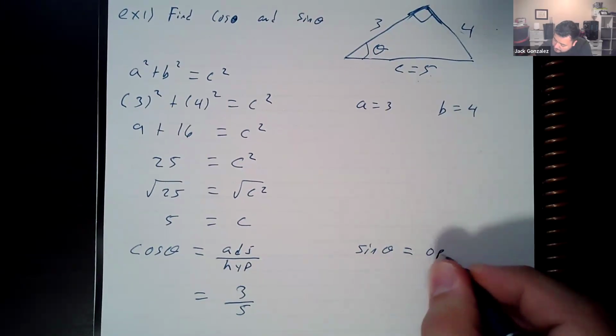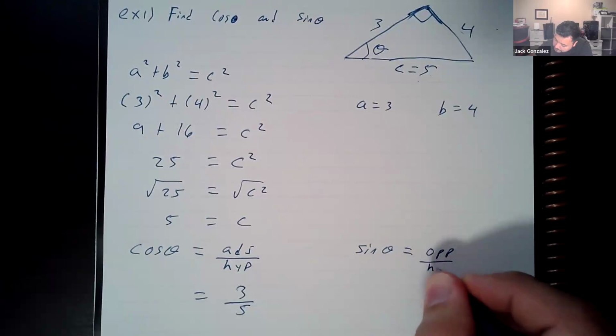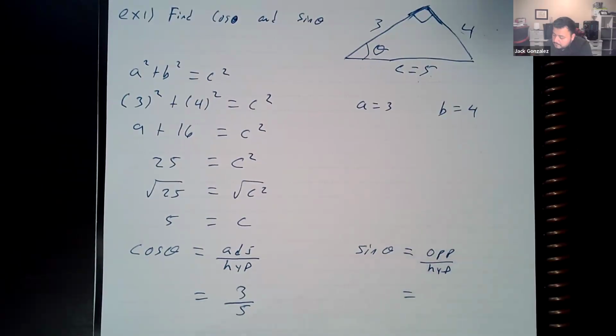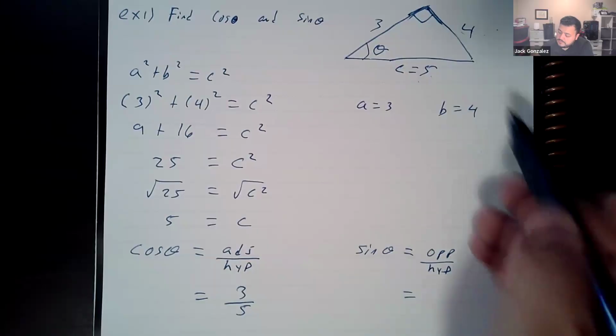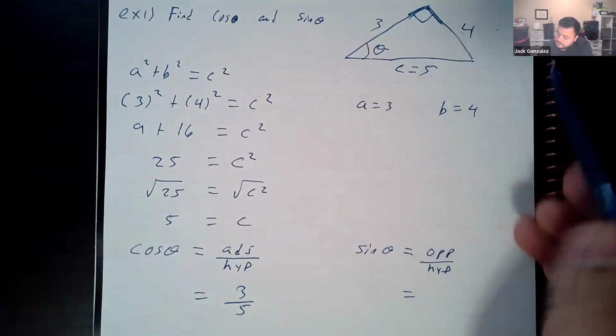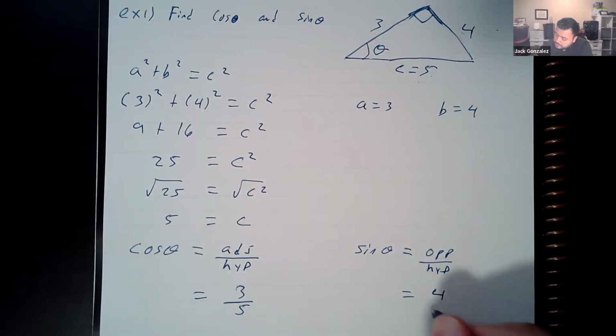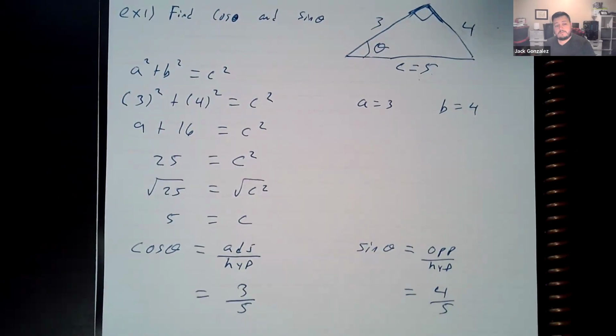What about sine? 4 over 5. Opposite over hypotenuse, 4 over 5. Yeah.